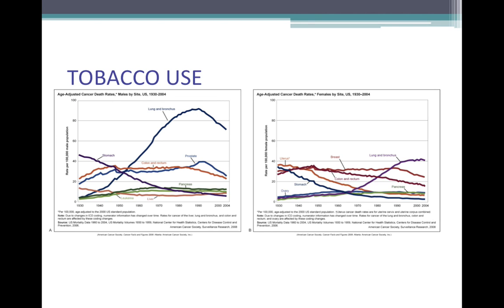But even though the lung and bronchus cancers are on the decline, we still see an increase in lung and bronchus cancer deaths because there's still people dying from the cancer that they're getting, even from maybe when they smoked decades prior. That still puts them at risk for lung and bronchus cancer.